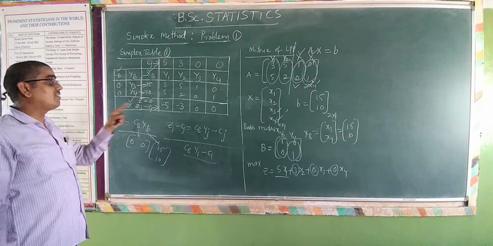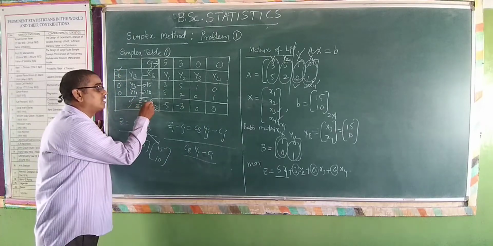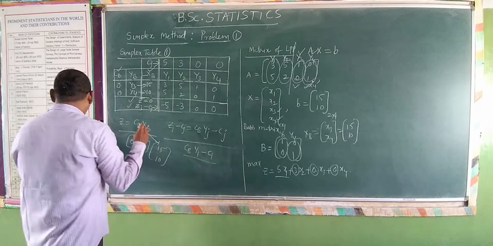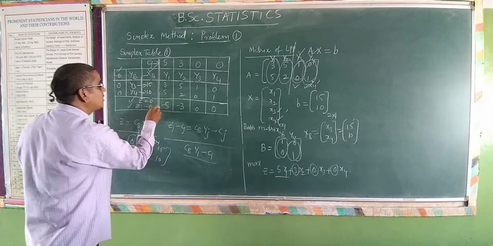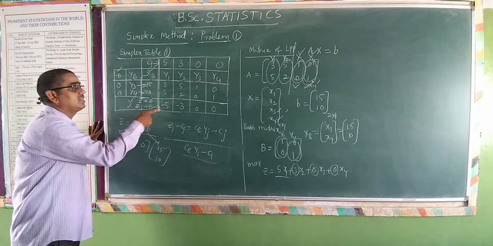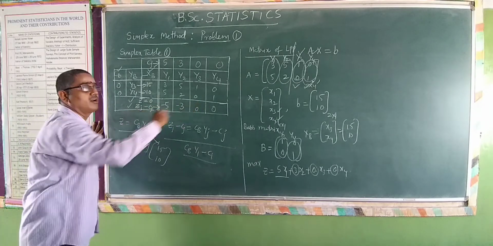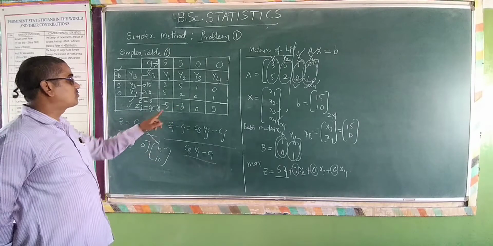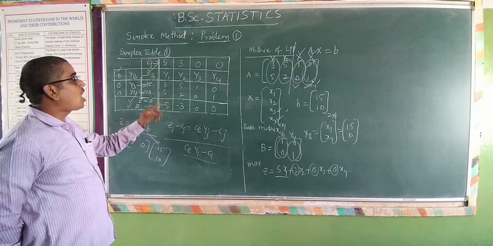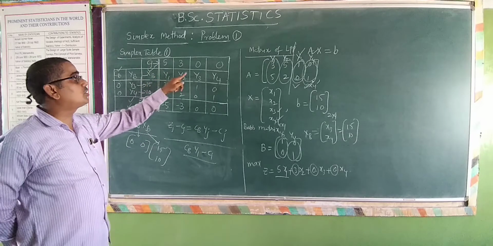These are called net evaluations. This is only Z; all the remaining ones are net evaluations, which I am indicating clearly with an arrow mark. These are the Zj minus Cj values: minus 5, minus 3, 0, 0, which correspond to y1, y2, y3, y4.